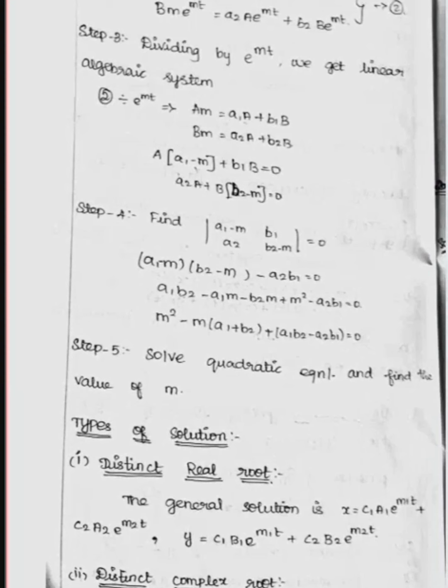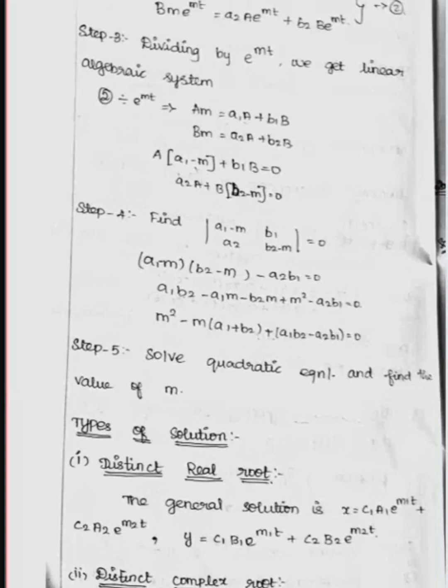For that you have to write the complementary function as x equal to c1 into a1 into e power m1t plus c2 into a2 into e to the power m2t. Already in unit 2 you only had to add one constant, that is A into e to the power m1x.